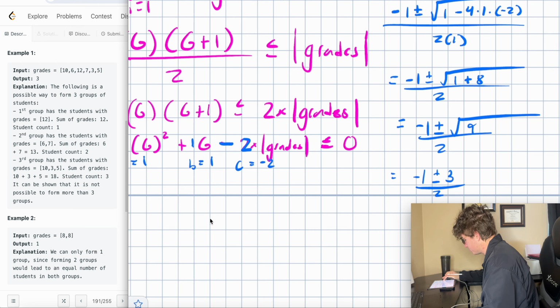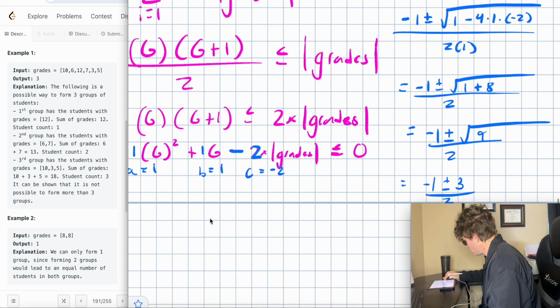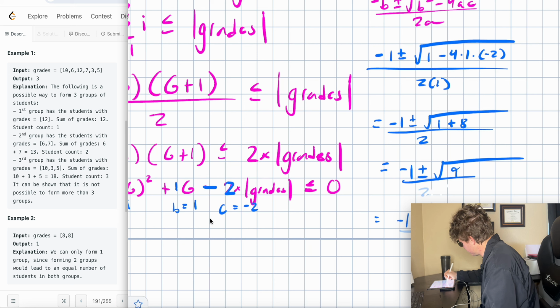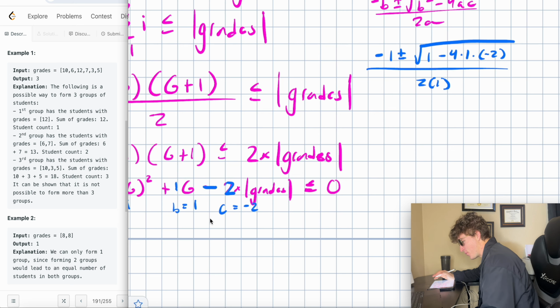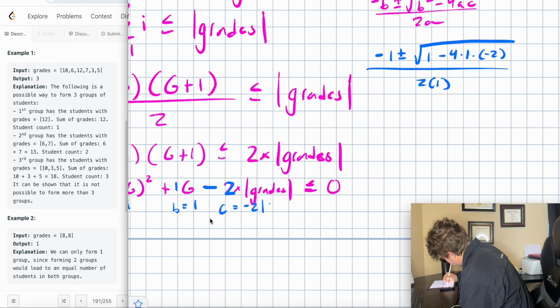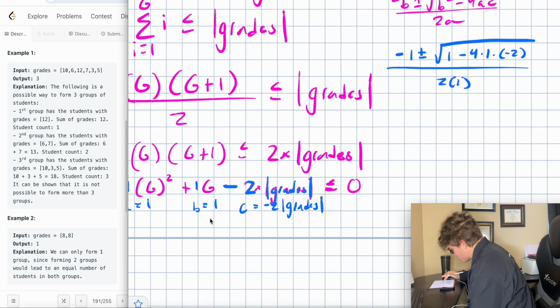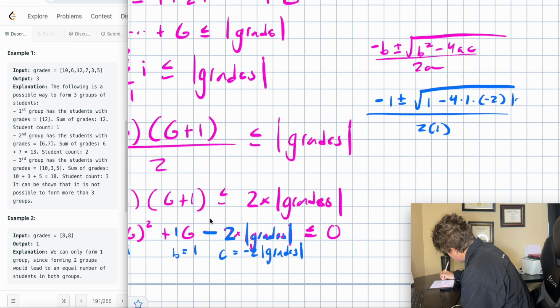Oh, wait. I messed up. I was wondering, why does this seem so perfect? It's too perfect. Things like this are never that perfect. So c equals negative 2 times the length of grades, because we're trying to solve for g here. So anything that's not g is a constant. So this is 4ac times the length of grades.